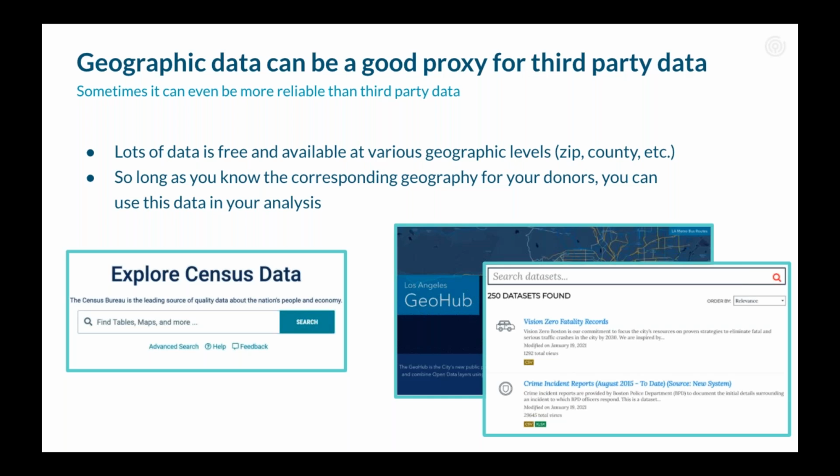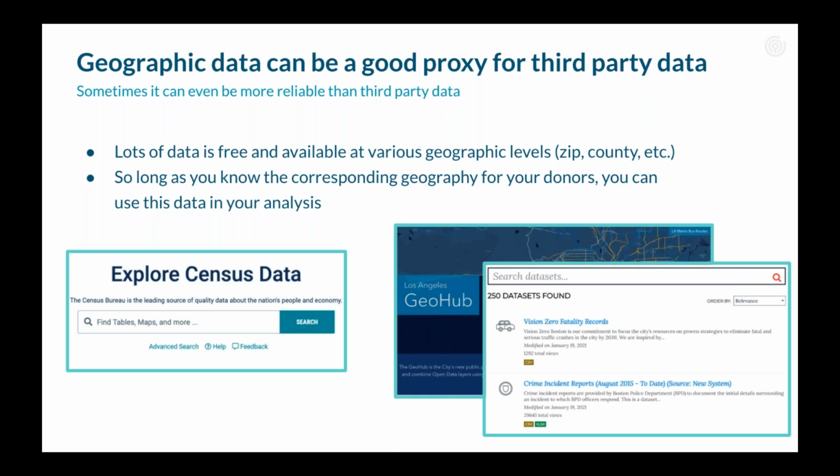Lots of geographic data is free and available, aggregated at various geographic levels, things like zip codes, counties, census tracts, etc. And the key point here is, so long as you know the corresponding geography for your donors, let's say you have a zip code from a billing address, you can use the geographic data in your analysis.